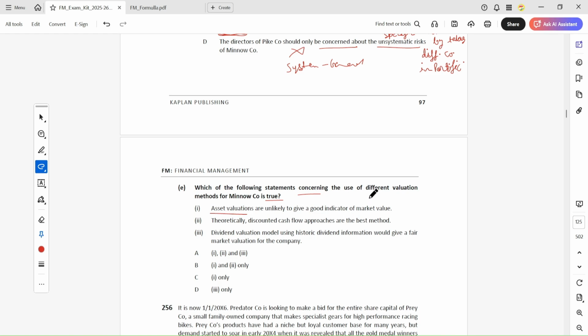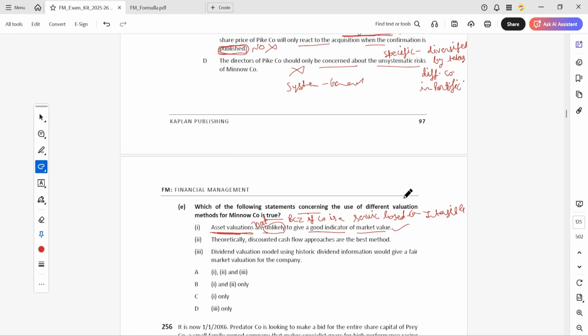This is because if the company is a service-based organization, intangible assets will not be accounted for in the asset valuation method. So asset valuation is not a good indicator of market value. Yes, this is correct.